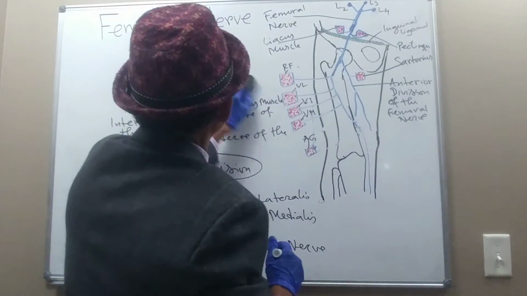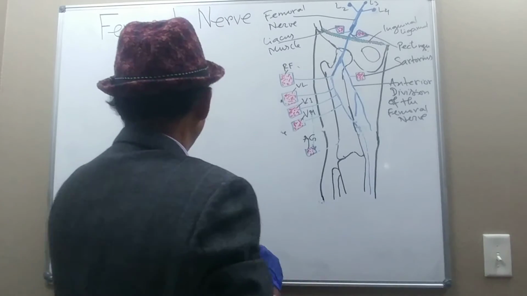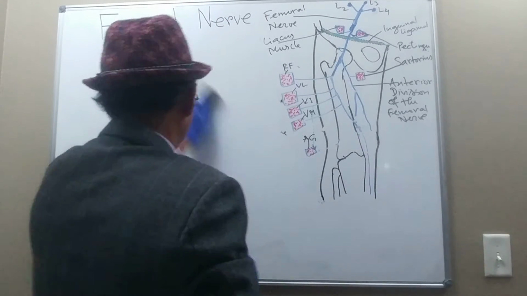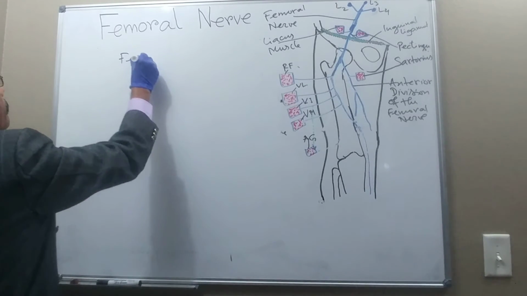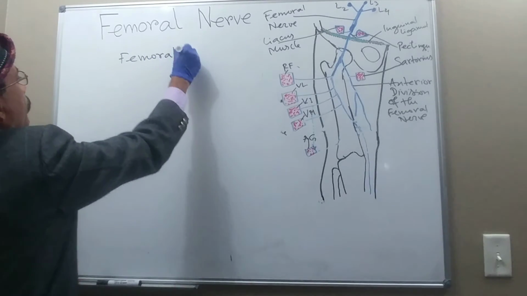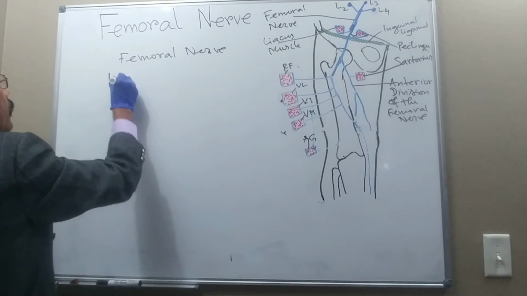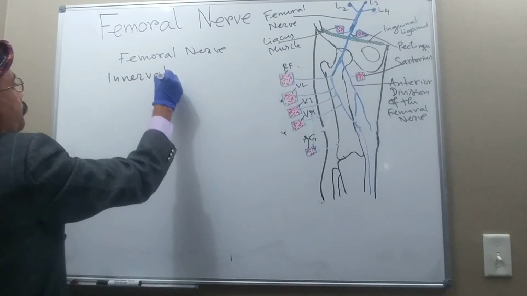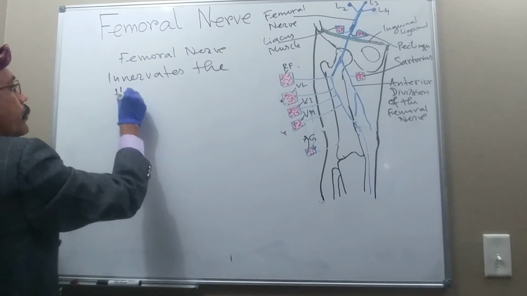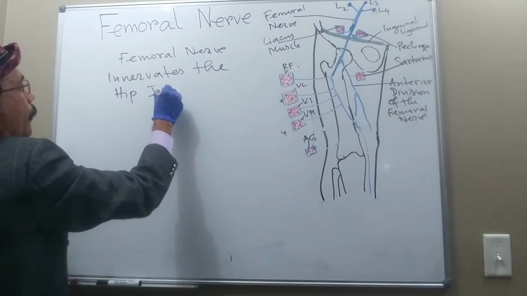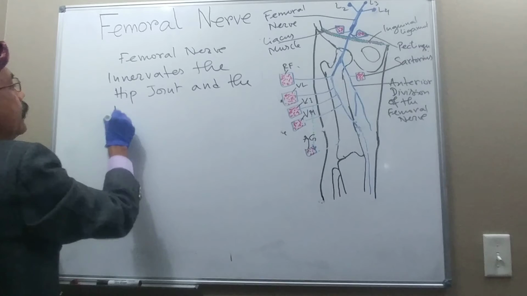The femoral nerve innervates the hip joint and the knee joint.